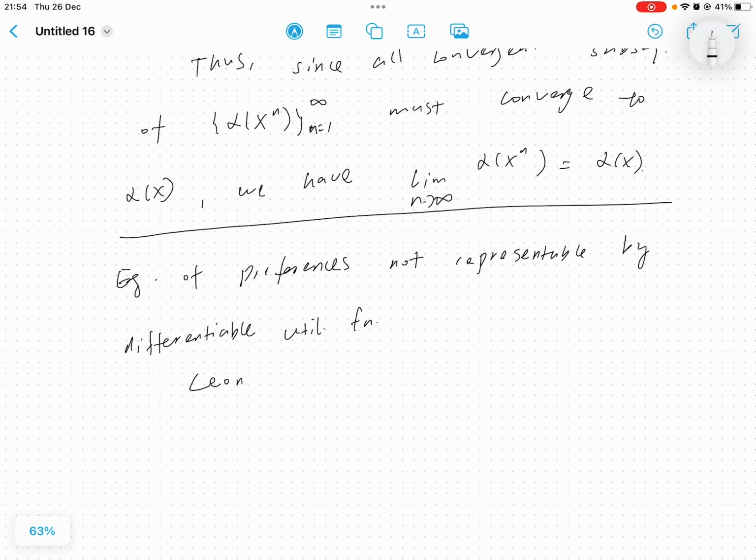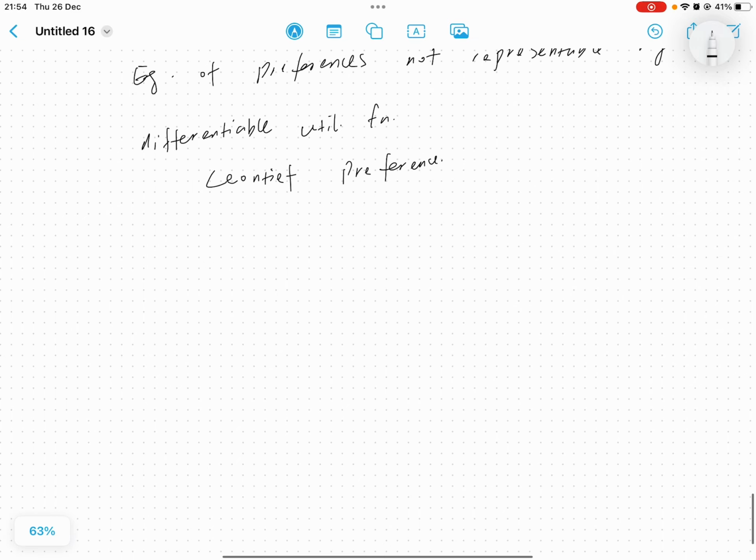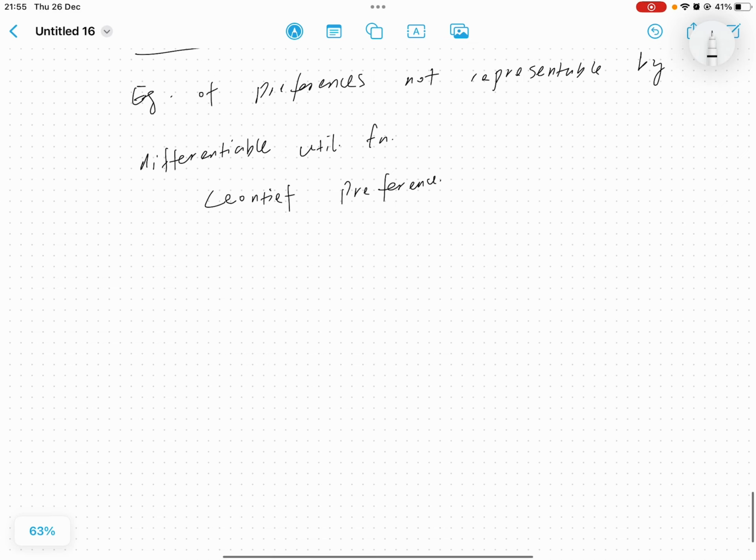Leontief preferences have those L-shaped indifference curves. They have those kinks right on the rays, either on 45-degree lines or any other rays starting from the origin, right?